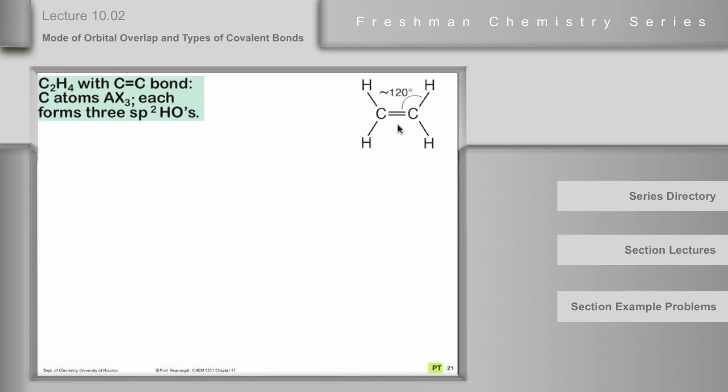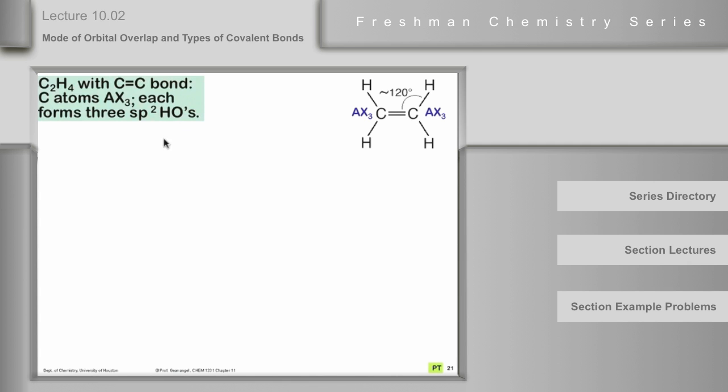Here is the Lewis dot structure for C2H4, which we've seen several times prior to this point. It has a carbon-carbon double bond, which we proved by writing its Lewis dot structure and getting octets for the 2 carbons. So as you look at the carbons here, each one of them has 3 electron groups around it, and because of that, each carbon is AX3, and because it's AX3, it uses sp2 hybrid orbitals.